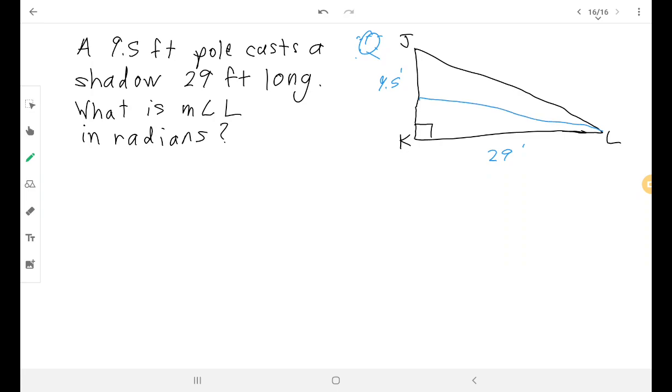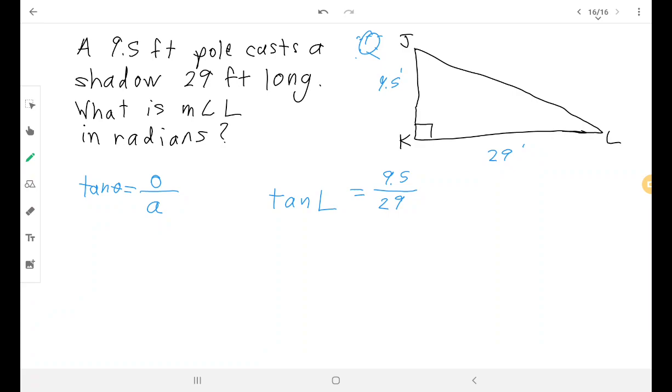I've got the opposite side that I know, and the adjacent side that I know, and that is the tangent function. So the tangent of angle L is equal to the opposite side, 9.5, over the adjacent side, 29.